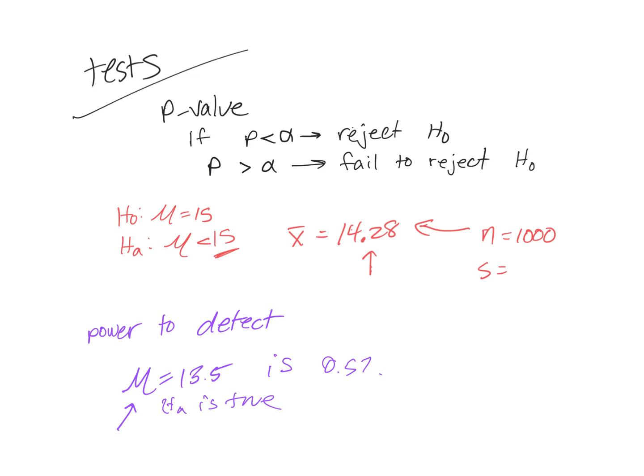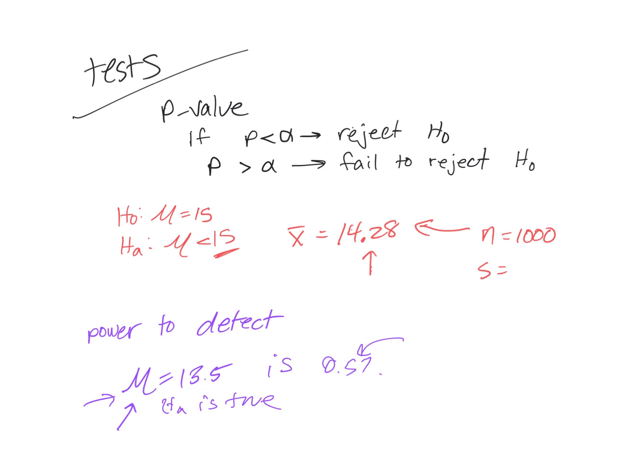Okay, so the probability that I get a sample that will make me reject the null is 57%, if the true mean is 13.5. If this is what's true, this is my probability of correctly rejecting the null hypothesis.